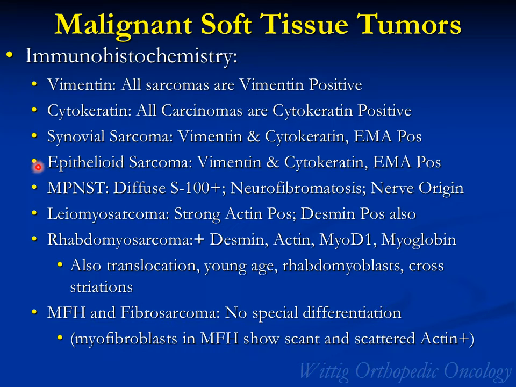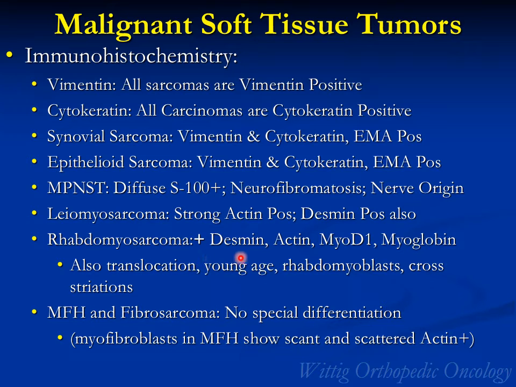Epithelioid sarcoma is vimentin positive, cytokeratin positive, and epithelial membrane antigen positive. Malignant peripheral nerve sheath tumors demonstrate diffuse S100 positivity, may occur in the setting of neurofibromatosis and are nerve in origin. Leiomyosarcomas are strong actin positive and also demonstrate some desmin positivity.